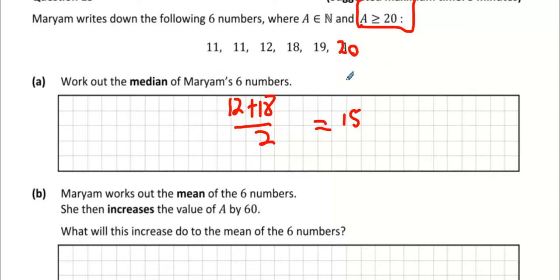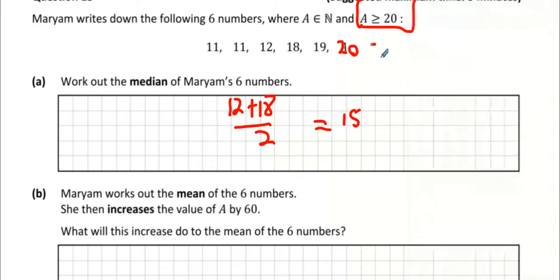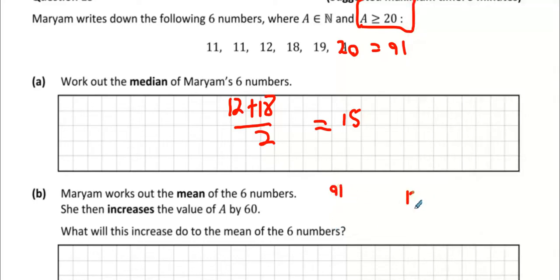I'm going to add all the numbers together, and when I add them all together I divide by 6. I got 91 when I added them all up, and I divide by 6, and I get 15.17. So my total adds up to 91 and the average is 15.17.